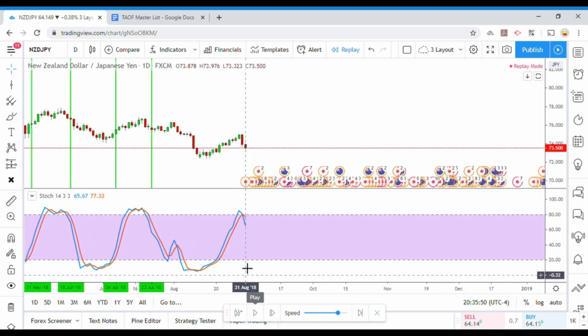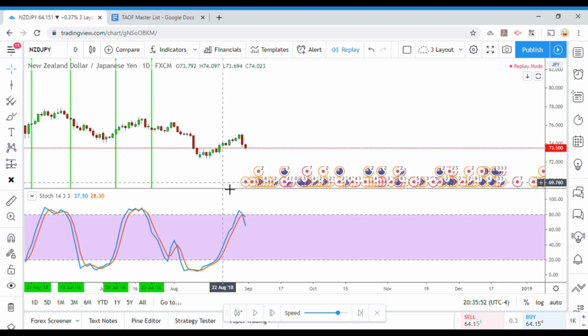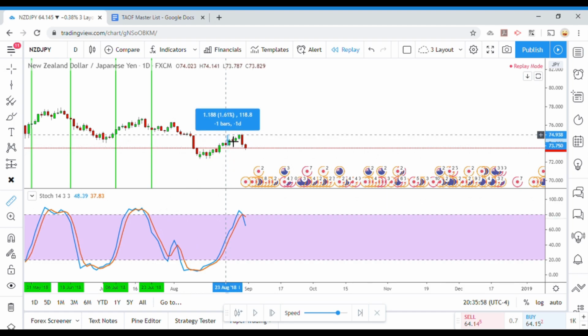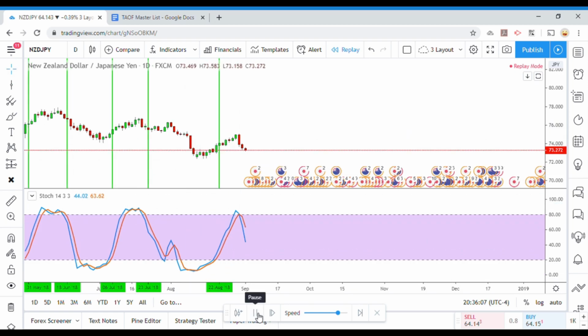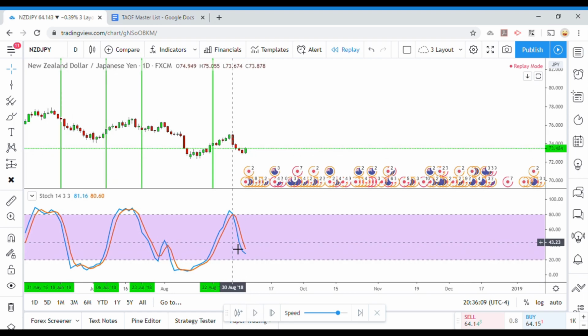Cross there. Entry there. I believe that gave us our 90. Yep. Sure did.